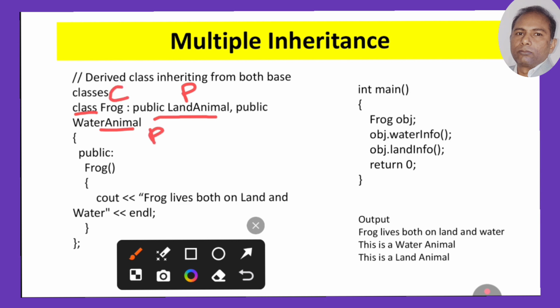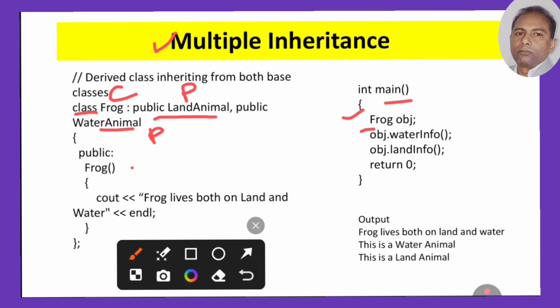So now the child class is frog, and we are deriving characteristics from the two parent classes. So that's why this is the example of multiple inheritance. So now we have made the constructor, and we will have the output: frog lives both on land and water.